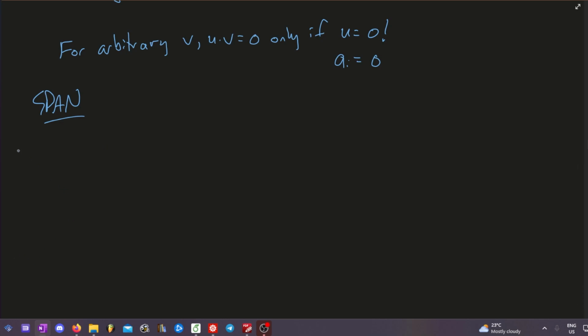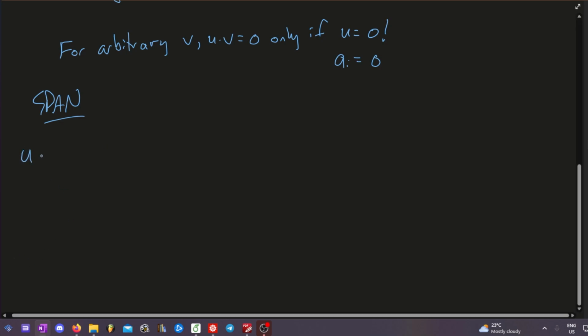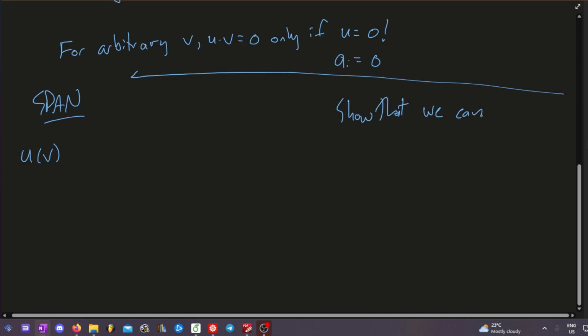Okay, so we're going to start by letting a vector from v star act on a vector from v, so we'll have u on v like this. And what we want to show is that we can write u acting on v as a sum of dual basis vectors acting on v.